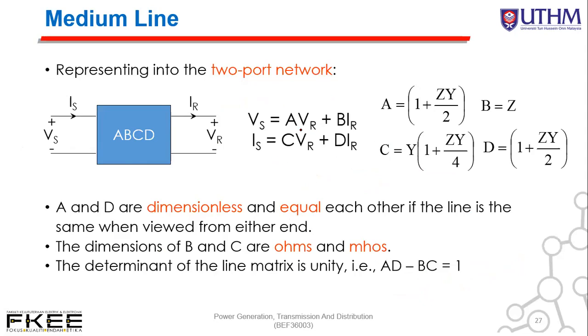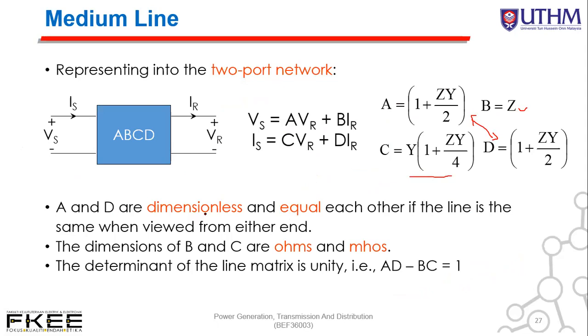As discussed previously, Vs = A VR + B IR, and IS = C VR + D IR. So A equals D, B equals Z, and C equals Y (1 plus ZY over 4).